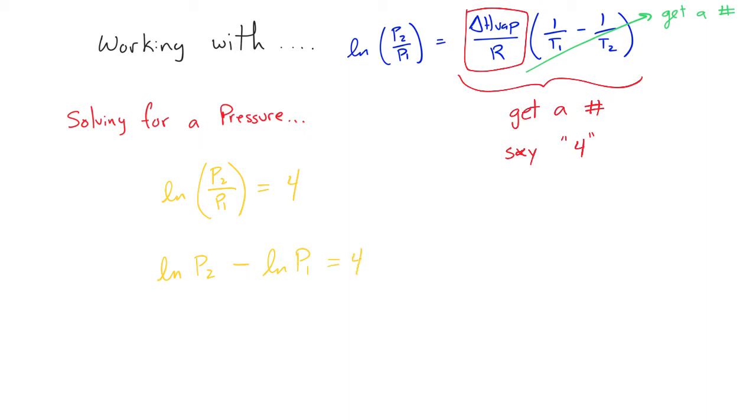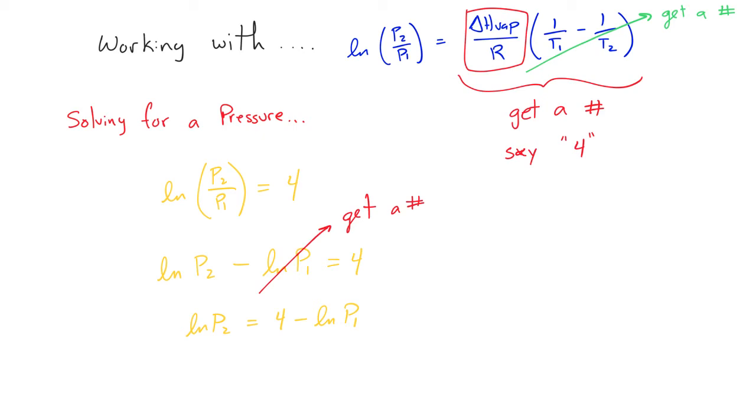So at this point, we probably have one of the two pressures. And so if, let's say we have P1, we want to go ahead and just get a number for that. So we're going to plug in P1, take the natural log of that, put that into our calculator, get the number, and plug it into the equation. And then how do we solve for the natural log of P2?